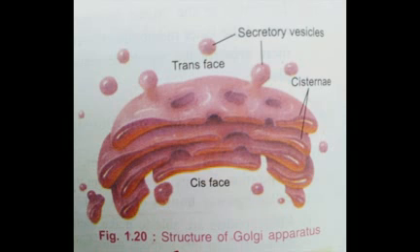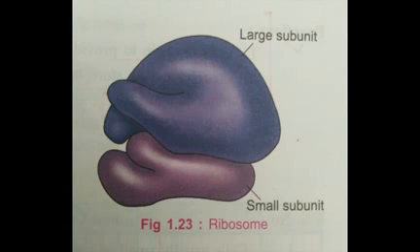Now, next is ribosomes. Ribosomes are tiny membraneless organelles present in the cytoplasm of all protein synthesizing cells.